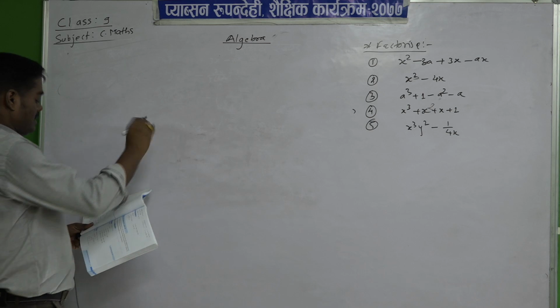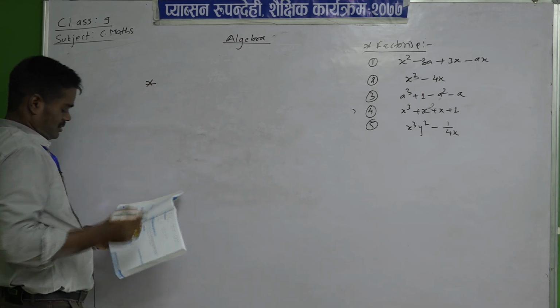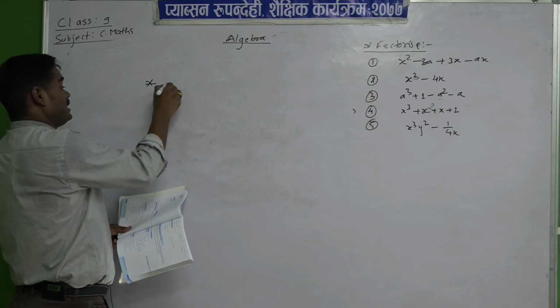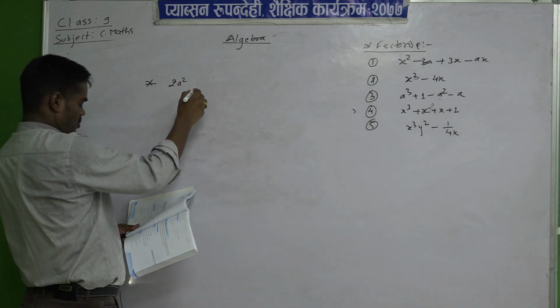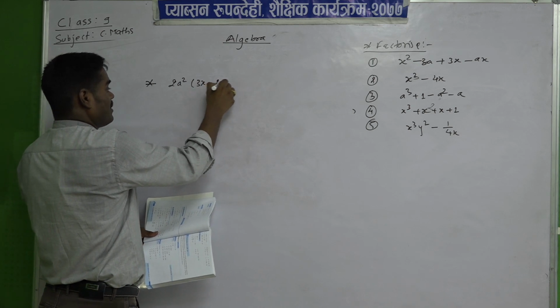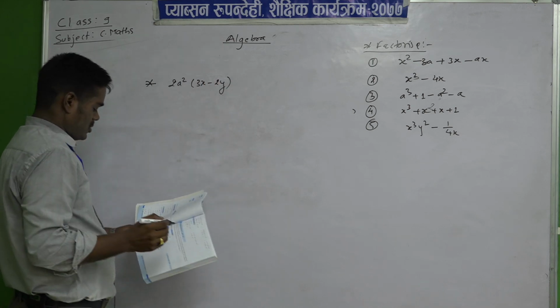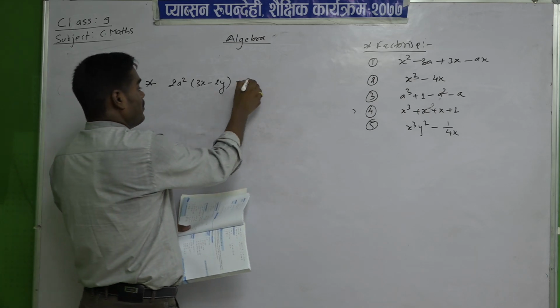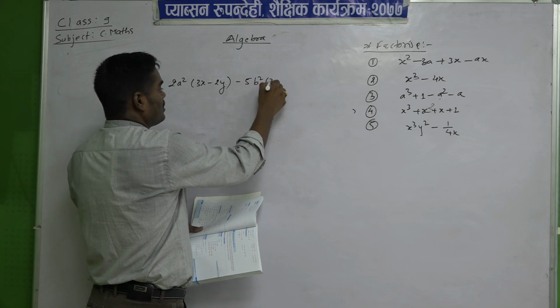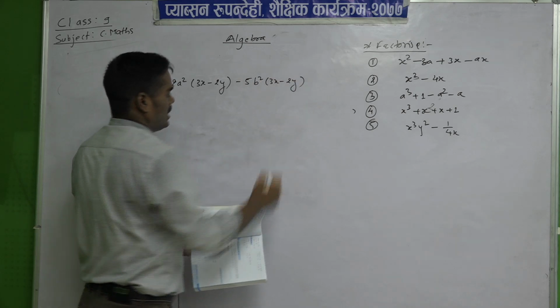Here it is a bit different. Take this question: 2a square into 3x minus 2y minus 5b square into 3x minus 2y.